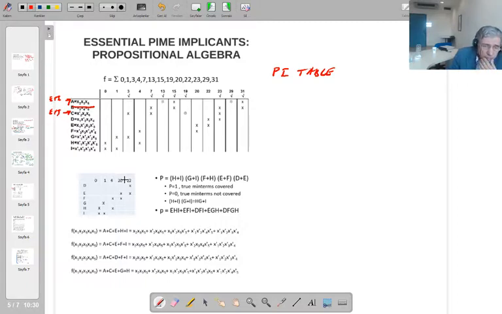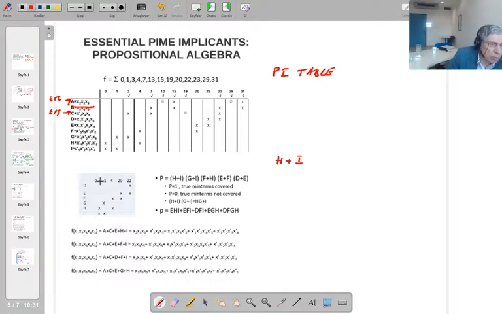So the rule is this. We are going to write a propositional algebra function. How am I going to write it? I am going to say what is the condition to cover this 0 true minterm. That condition I can explain with a summation operation. If H and I are prime implicants, if any of these prime implicants is chosen, then I can cover 0.